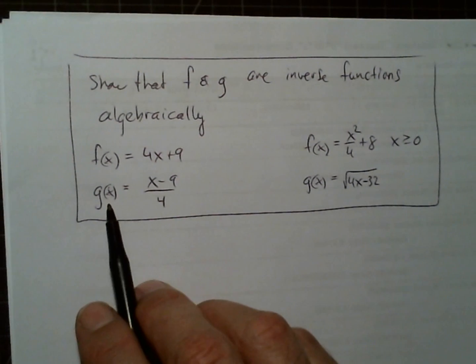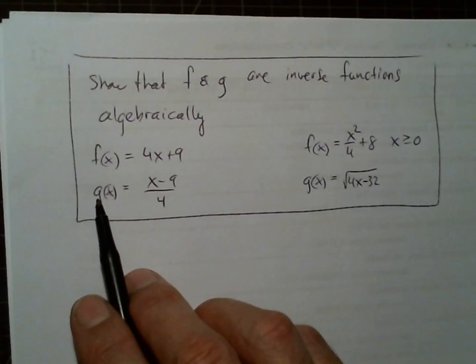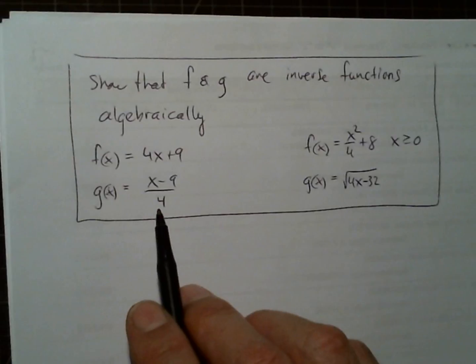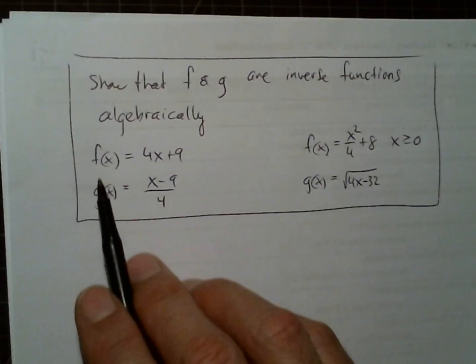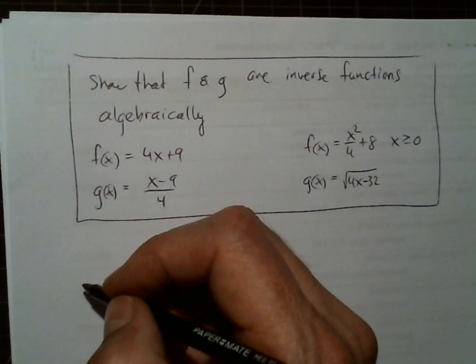All right, so to show that, when we do f of g, they have to cancel. F has to cancel g, and then we'll be left with x. And then we do g of f, and they have to cancel also.